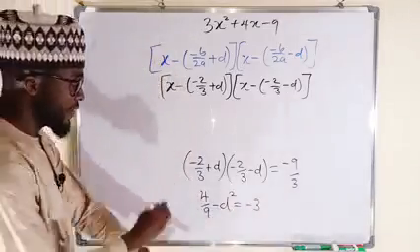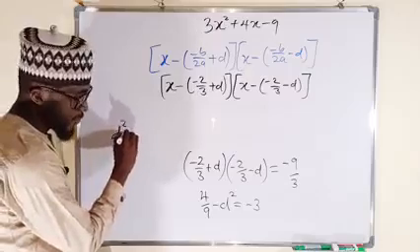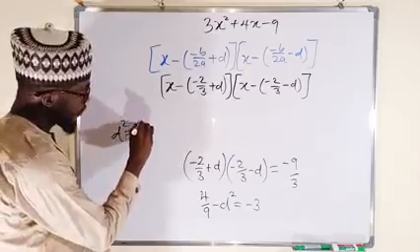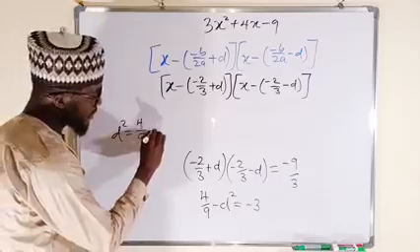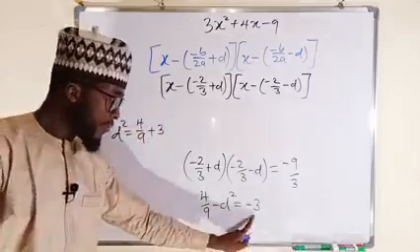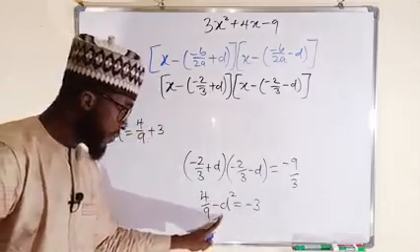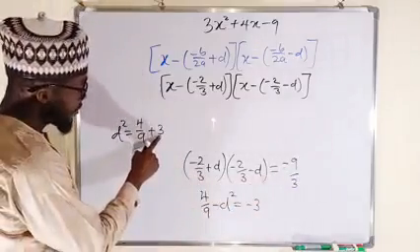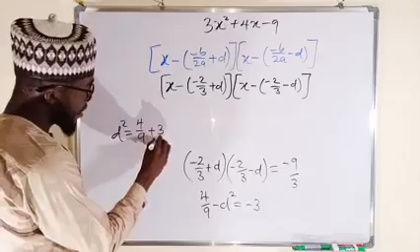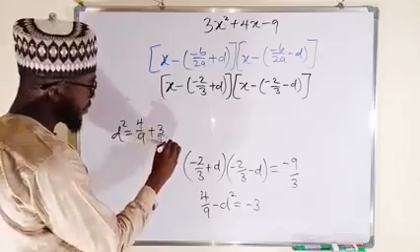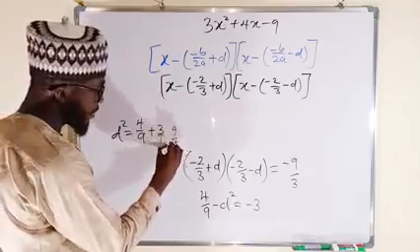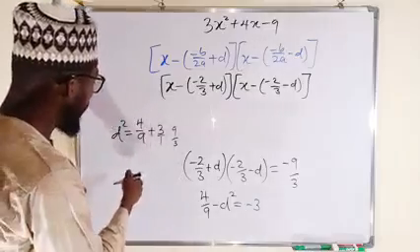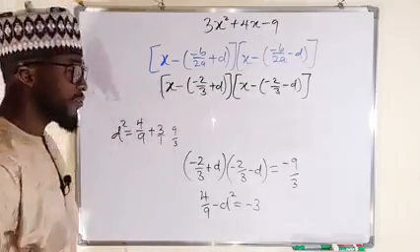Make d the subject. We have d squared to be equal to 4 over 9 plus 3, right? If this crosses over, it becomes positive. So I can write this one as over 1. Then we multiply the top and the bottom by 9, just to make a common denominator. To the top, we have 3 times 9 is 27.